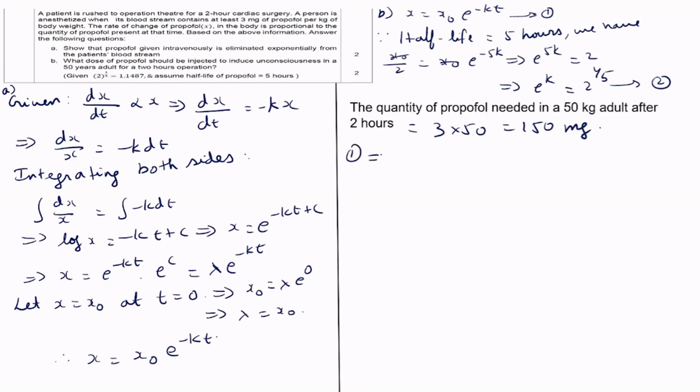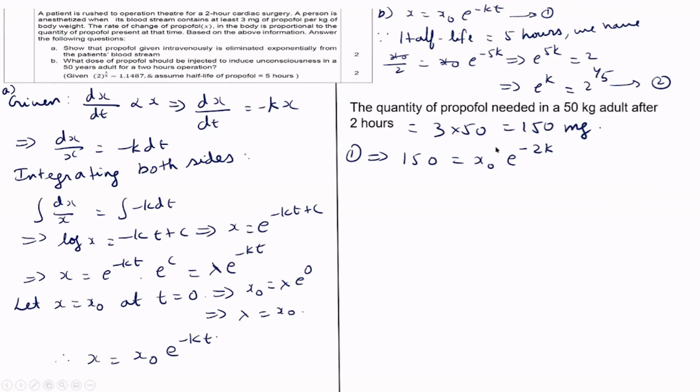So from 1 we have 150 equal to x naught into e raised to minus 2k. Because the operation is for 2 hours, so time is 2 and the quantity required is 150 mg.